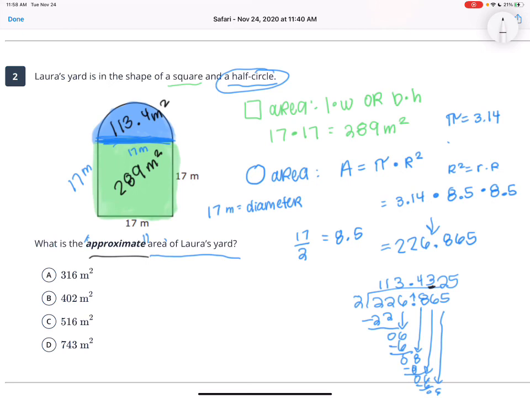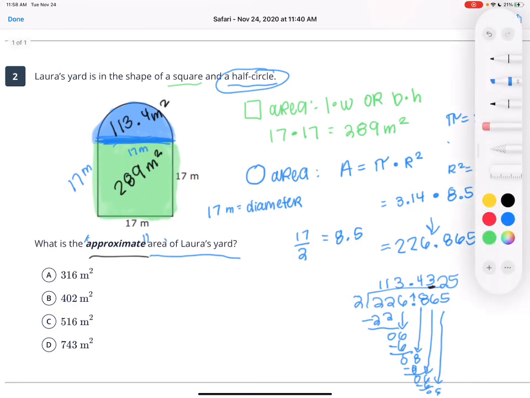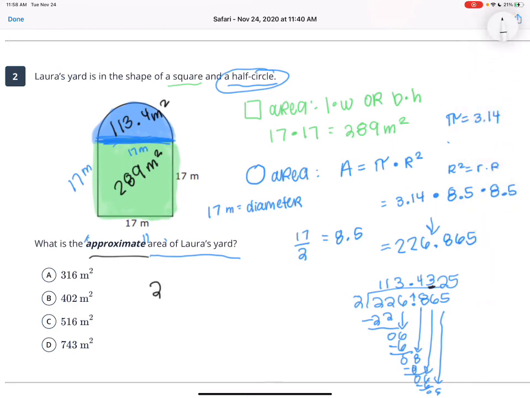And then I found the area of the square. What should I do with those two numbers? Remember, they make one whole shape. If you guessed that we need to add those areas together, you are absolutely correct. So we're going to do 289 plus 113 and 4/10, and I'm adding.